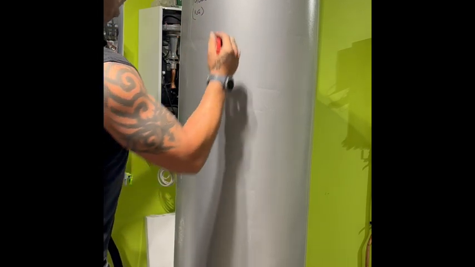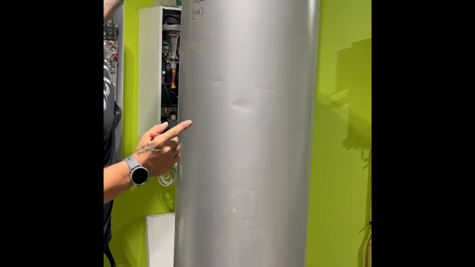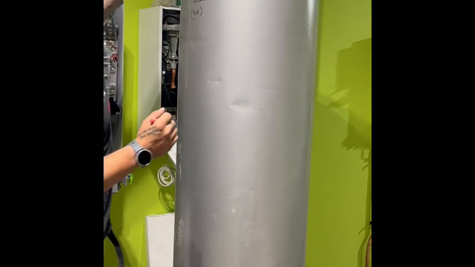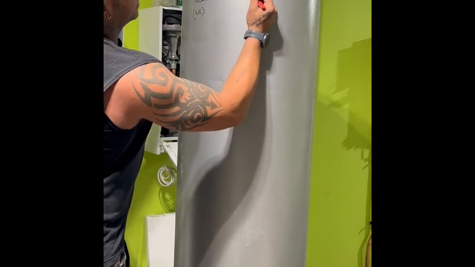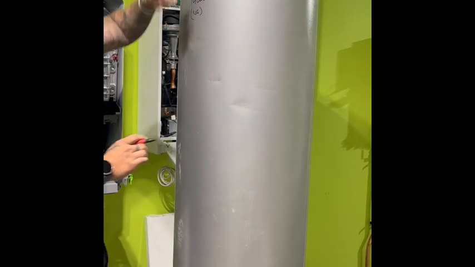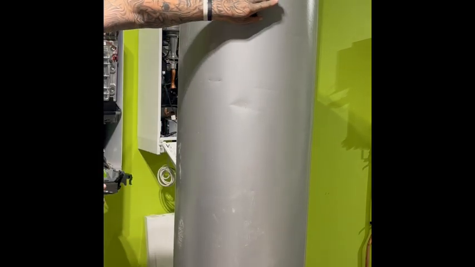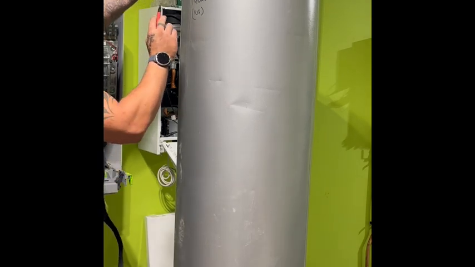Another component is air, oxygen, and the third component is ignition, a source of ignition, a spark that's hot enough and long enough. If you take any one of them components away, you're going to have an ignition fault of some sort. It's not going to work. So that's your combustion process.